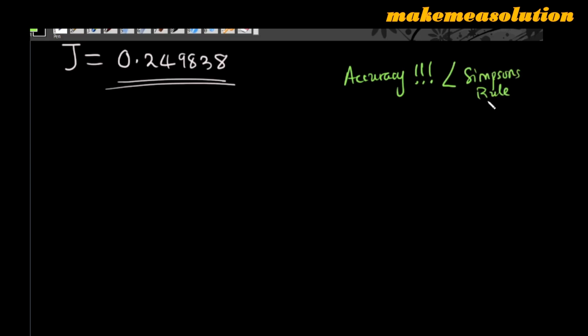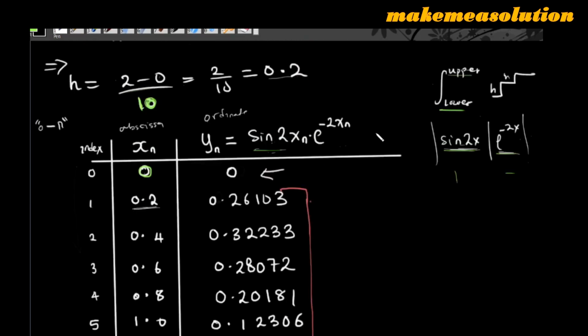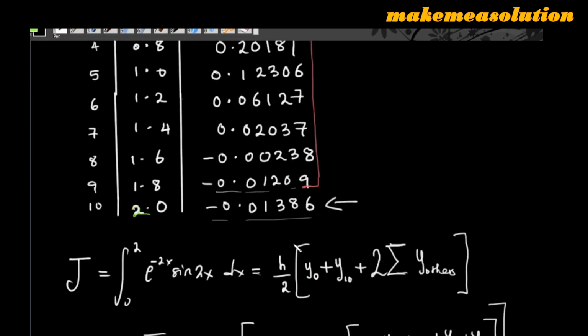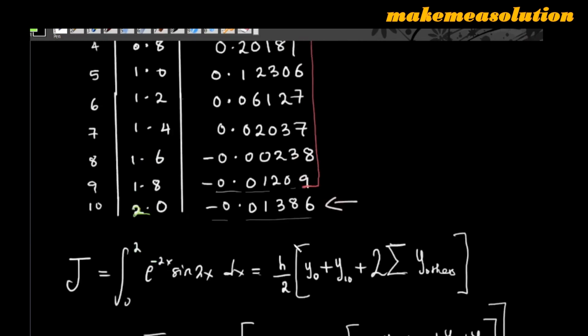Okay, and finally, Simpson's rule is less accurate than the analytical method of solving this particular problem. Now, I know I have not introduced us to Simpson's rule, but I'm going to use the formula for Simpson's rule to still evaluate the value of this integral.